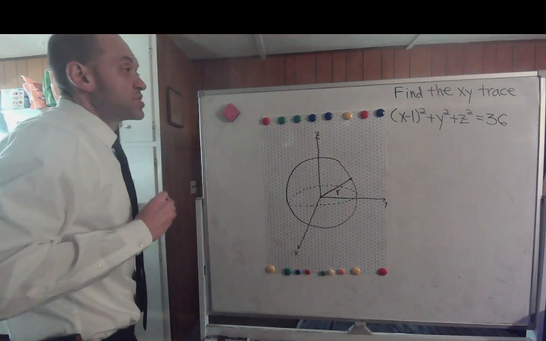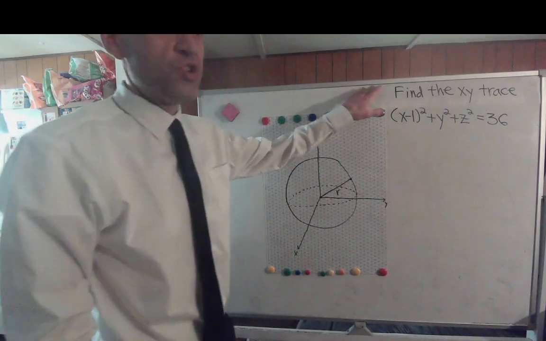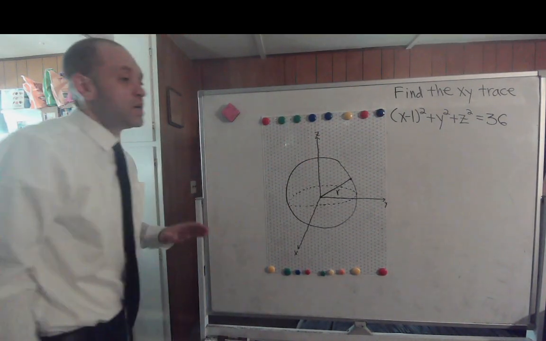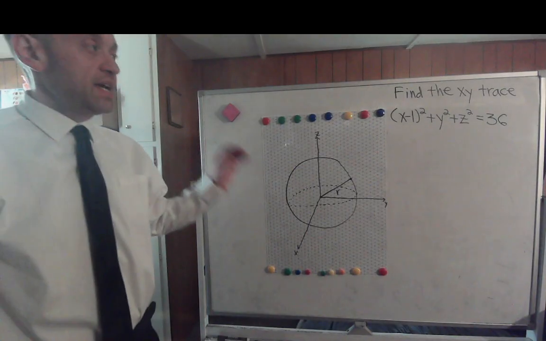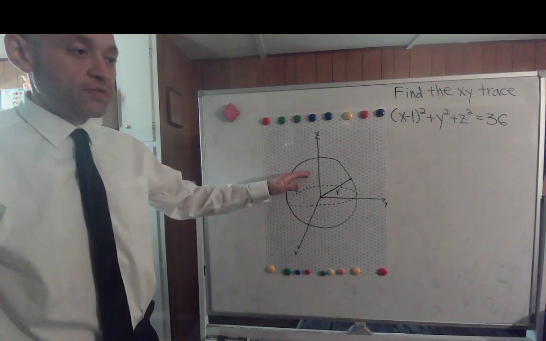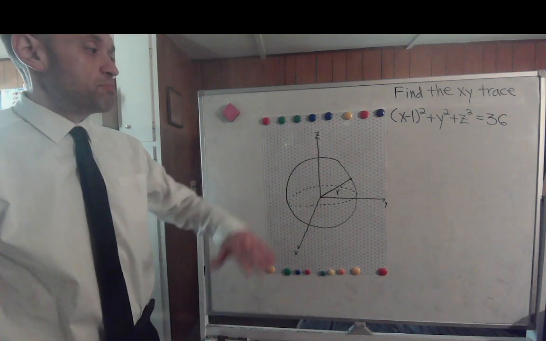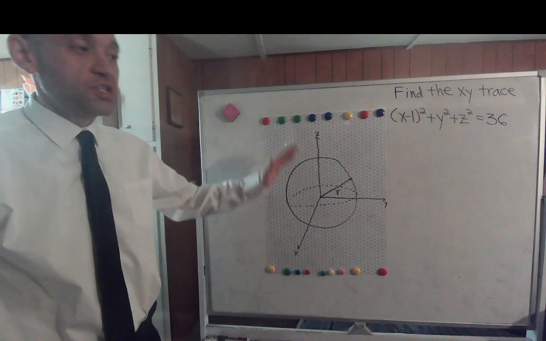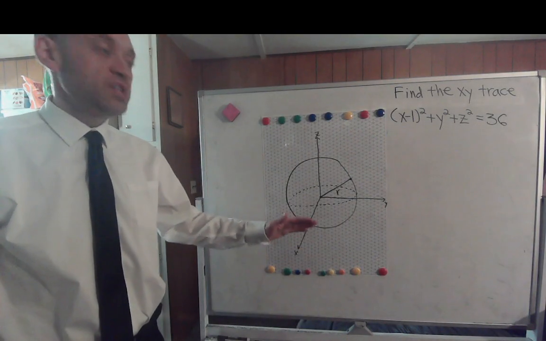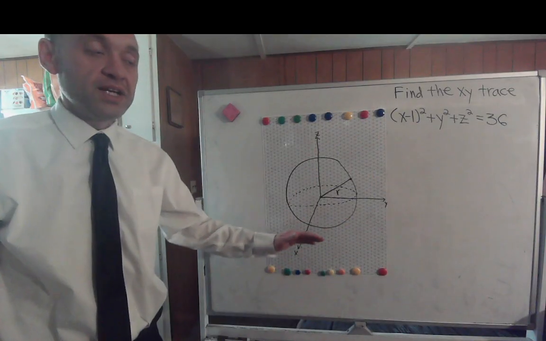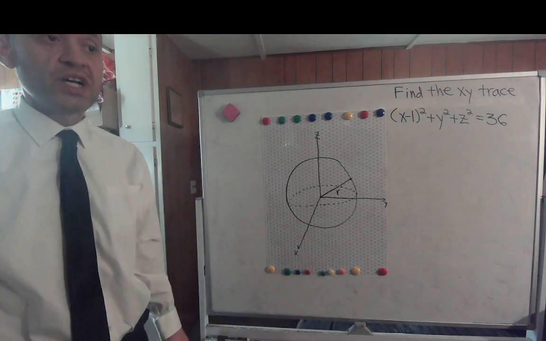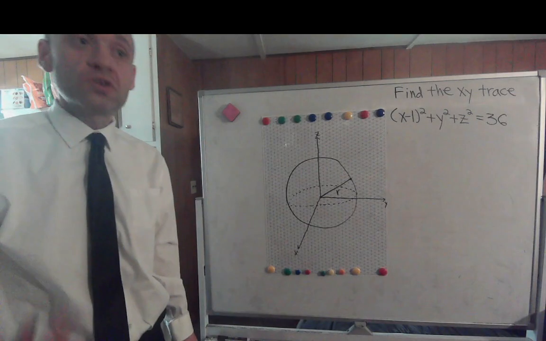Okay, so what does it mean to find a trace of a sphere? So the idea is that this is the equivalent to taking that sphere in 3D, basically mapping it to a 2D plane. So you'll get a 2D projection of this 3D sphere, which a 2D projection of a sphere we know is a circle.